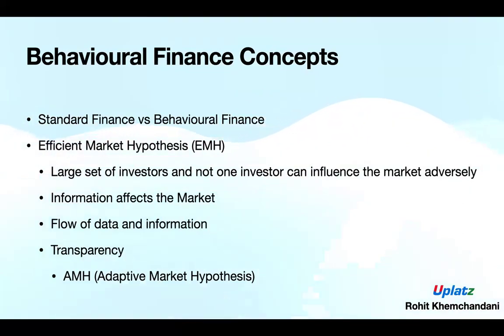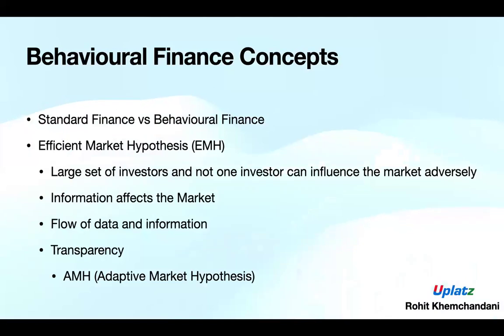If there are logics and reasons, then logic and reason will come under the standard finance, while emotions and herd thinking, herd instincts, which I have discussed in the very beginning, will come under the behavioral finance. Markets are always efficient, this will come under the standard finance, while markets are somewhat efficient or inefficient, this can come under the behavioral finance.